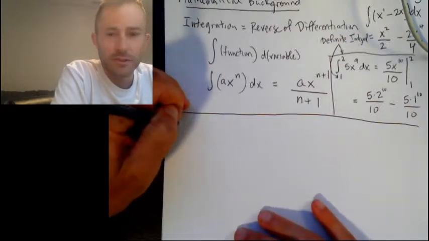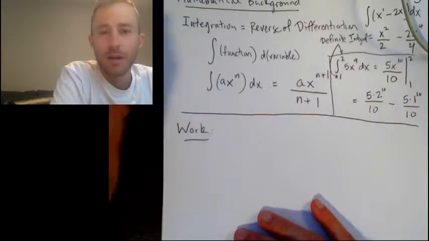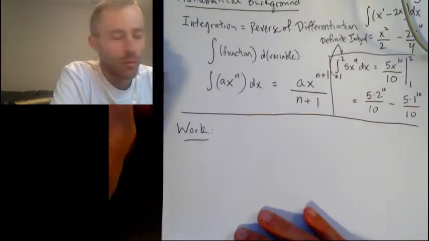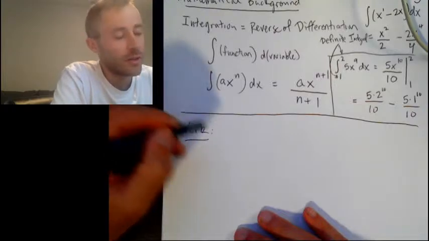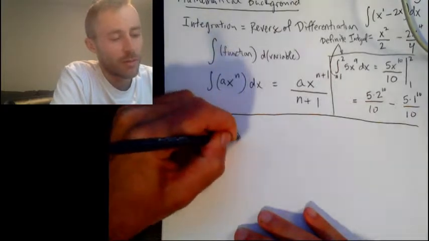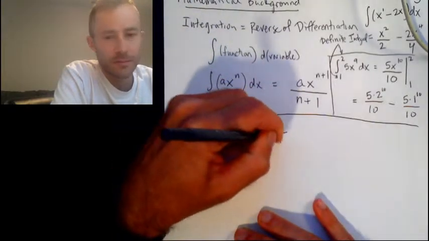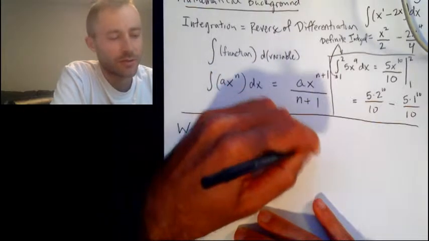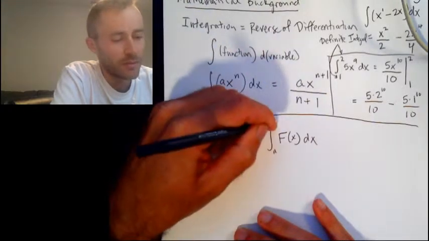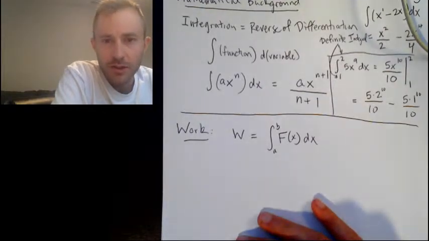Okay, so today's lesson is going to be about what's called work. Work is closely related to potential energy. The definition of work is the integral of force as a function of position dx from A to B. So the work is a definite integral of the force as a function of position.